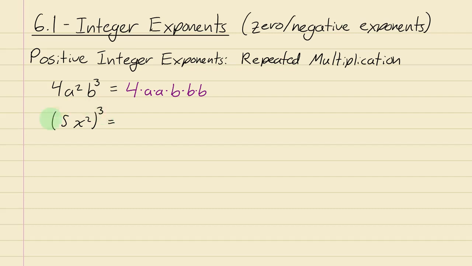And if you have something where the whole thing is raised to the power 3, that means the base of the exponent is this 5x squared thing, so that's what we're going to write 3 times. So this means 5x squared times 5x squared times 5x squared, and you could also just write the x's 2 times each if you wanted.